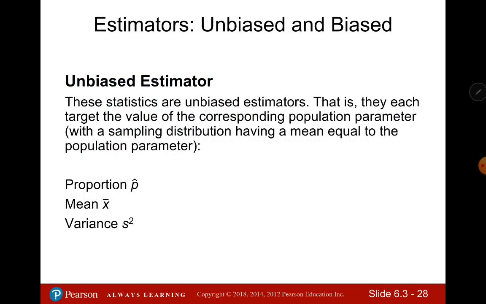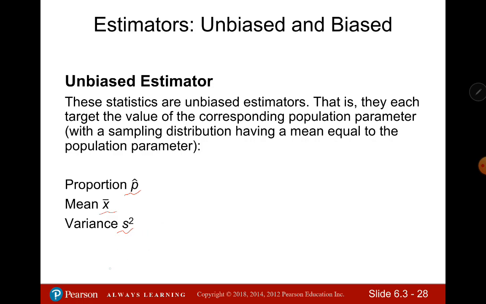So we only need to memorize 3 important unbiased estimators. These 3. We talk about the behavior of these 3 estimators, and we know the mean of all the p hats is just equal to p, and we know the mean of all the x bars is just equal to mu, and we know the mean of all the S squared is equal to sigma squared.